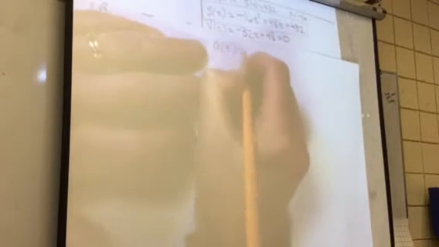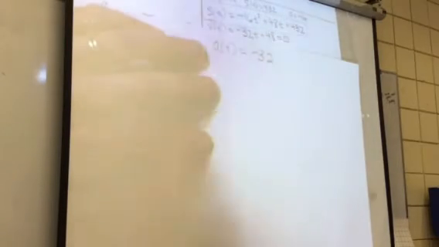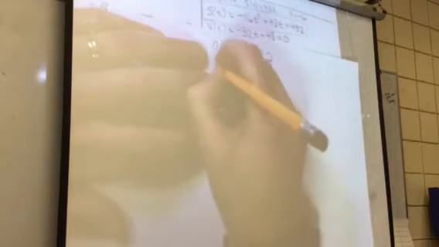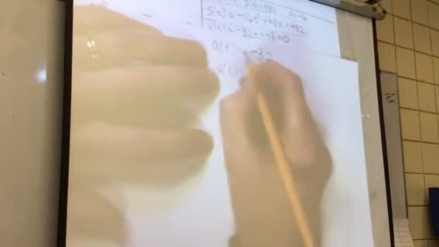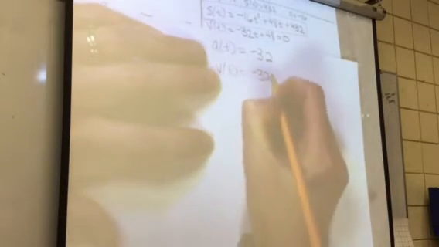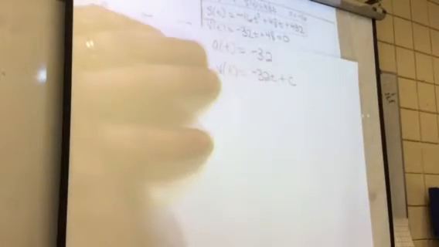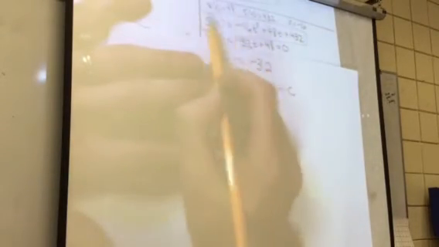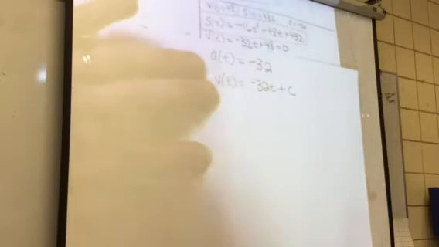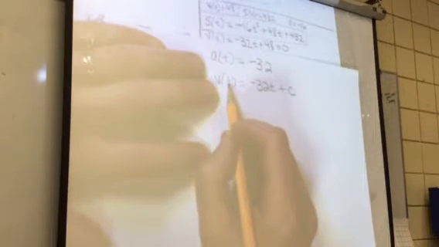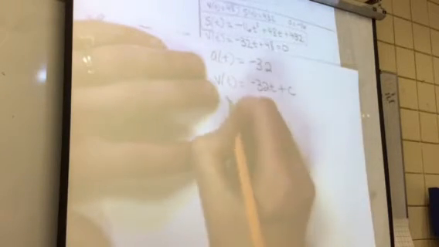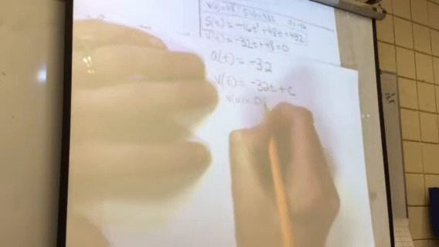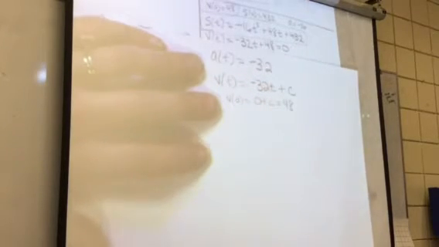Your acceleration constant is negative 32. To find velocity, you would integrate this, negative 32t plus c. Now, don't we know that our initial velocity is 48? So when you input 0 into this, it should equal 48. So therefore, c will be 48.